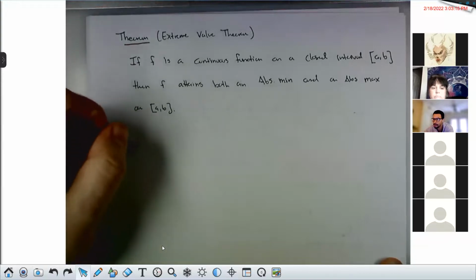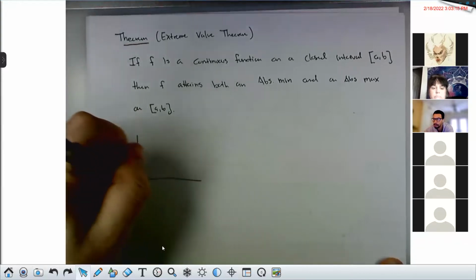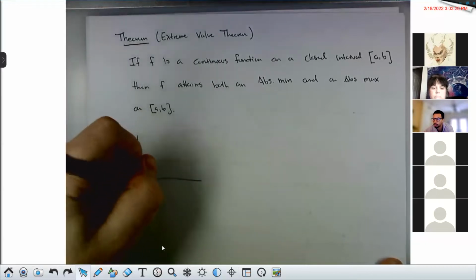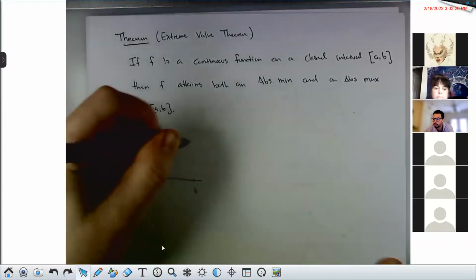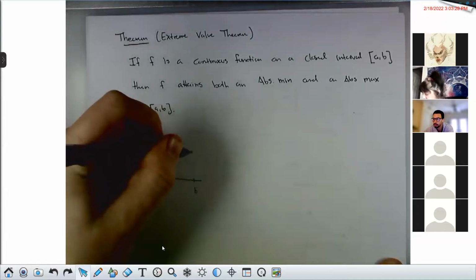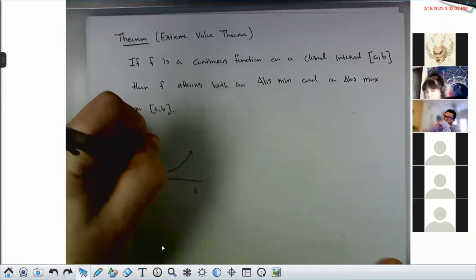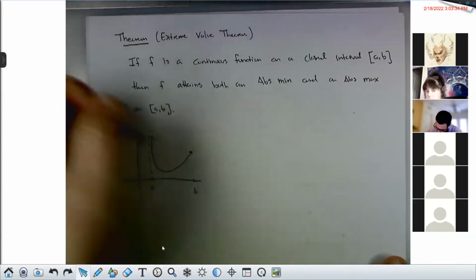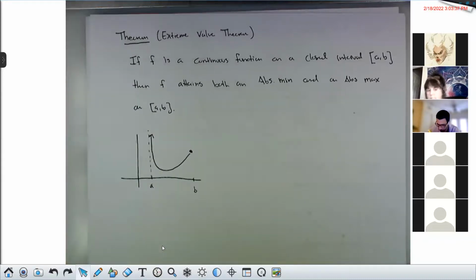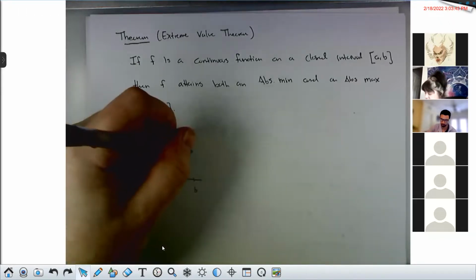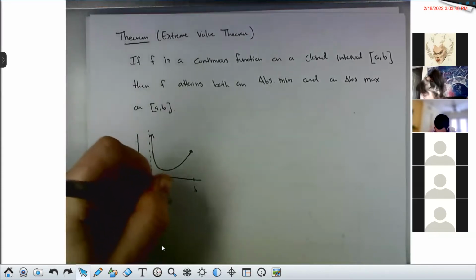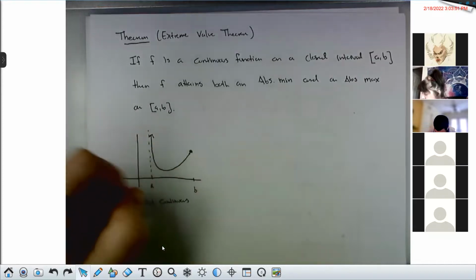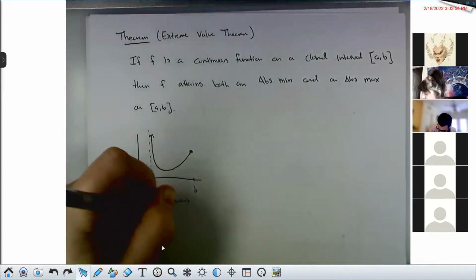Ways this can break: asymptotes, right? Failing to be continuous in all sorts of different ways. This is not continuous on AB.